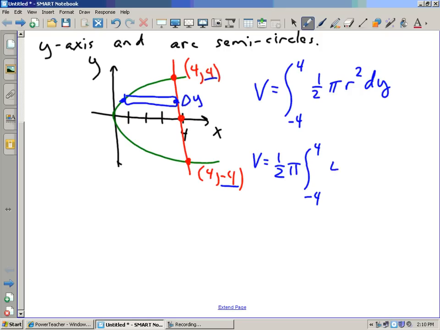Red function was 4 minus the green function, which was x equals y squared over 4. We have the delta y, and this is the radius squared. Last thing, make sure we include divided by 2.